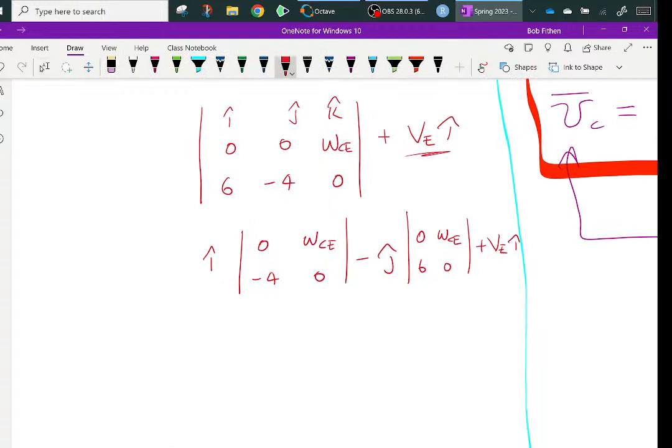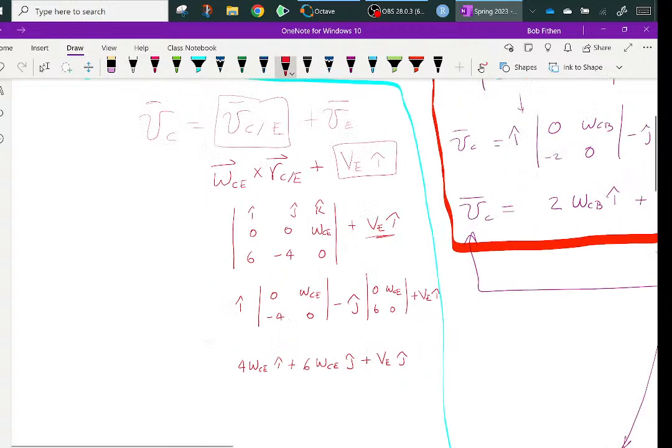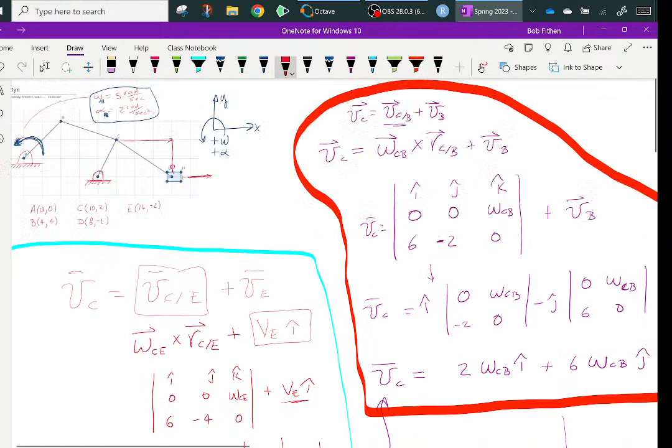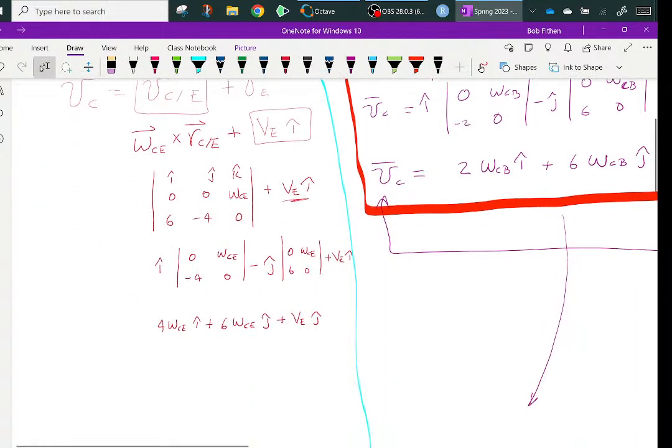So what I'll get here is 4 omega CE I. That and that plus this is minus another minus gets you back 6 omega CE J plus velocity of E J. I'm going to do the same thing as far as the logic here.